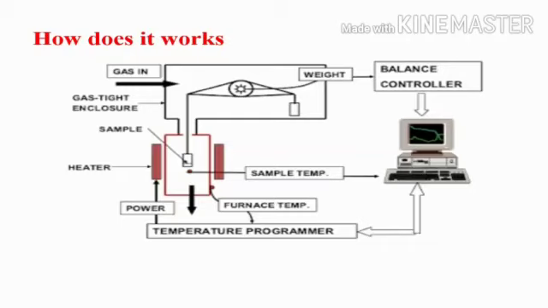The amount of current supplied to the magnet depends on the weight loss. So finally, this is converted to a weight loss of the system, which is recorded on the graph on the y-axis, while temperature is recorded on the x-axis. Finally, we can get a graph of loss in weight versus temperature or time.